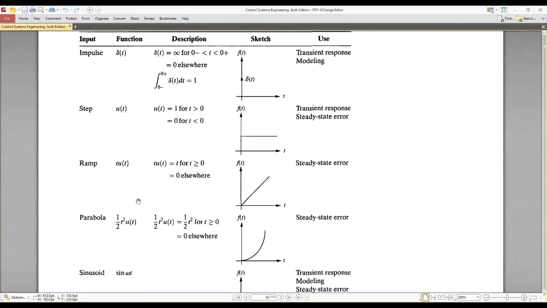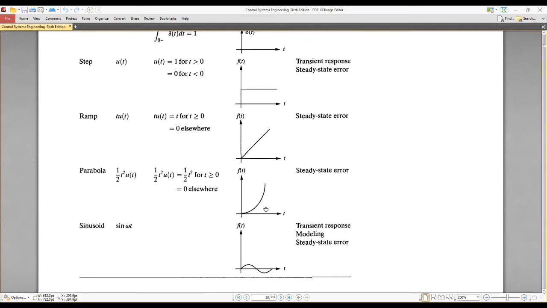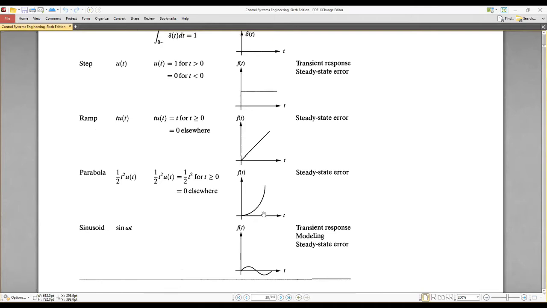It is the time, which means u(t) changes according to the time. The parabola is half t squared u(t). And the sinusoid is sine omega t. The transient response model is t-stator.